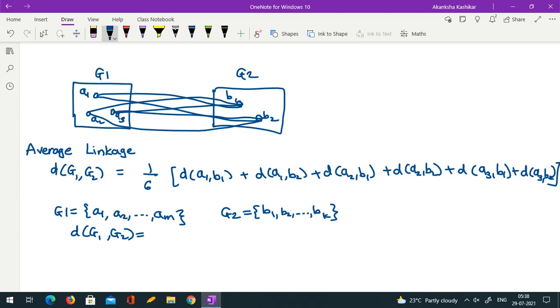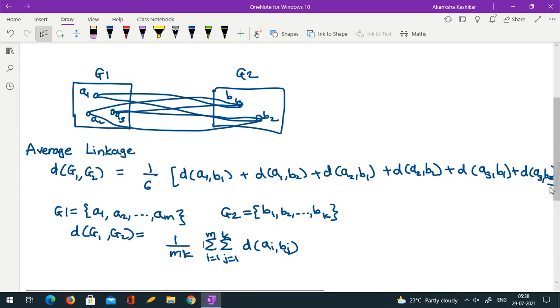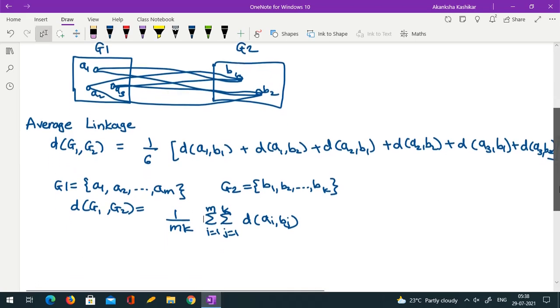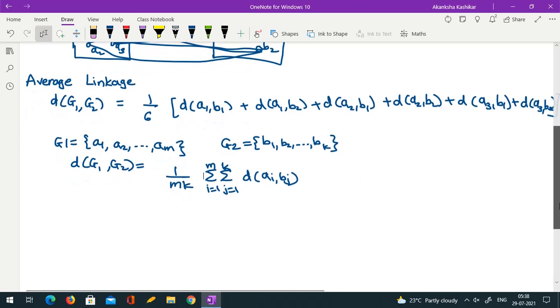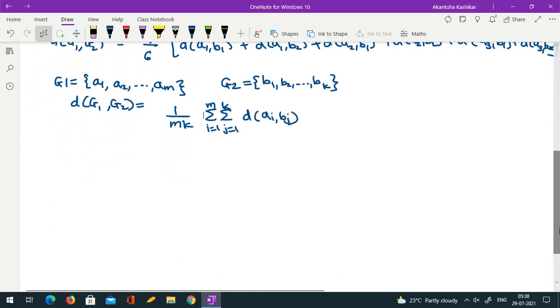Then the distance of G1, G2 will be 1 upon M times K, because the total number of connections will be M times K, sum over i, sum over j, of the distance between Ai, Bj, where j goes from 1 to K and i goes from 1 to M. This will be the formula for average linkage. So you take all the distances and then you average over those.